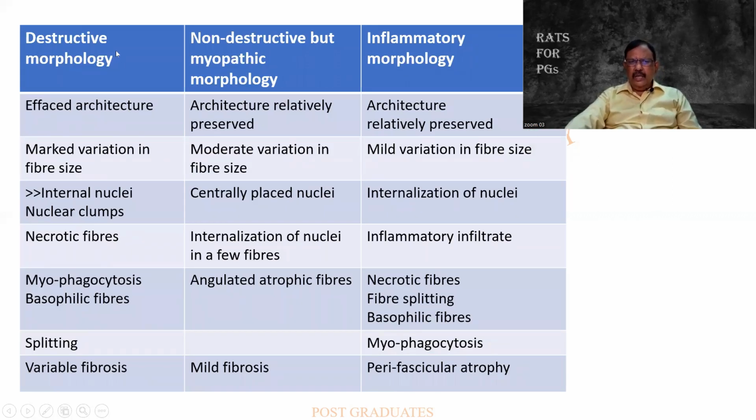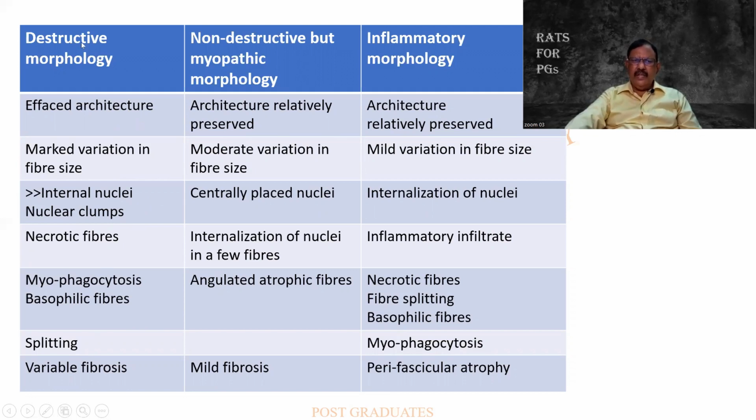So there are destructive morphologies, non-destructive morphologies, and inflammatory morphologies. I would like you to kindly see this one. In the destructive, there is an effacement of architecture, and here the architecture is fairly well preserved. Fibers can be of varying size. There is a moderate or mild variation. Internalization of the nuclei, because the muscle fibers, when they are younger, have central nuclei.